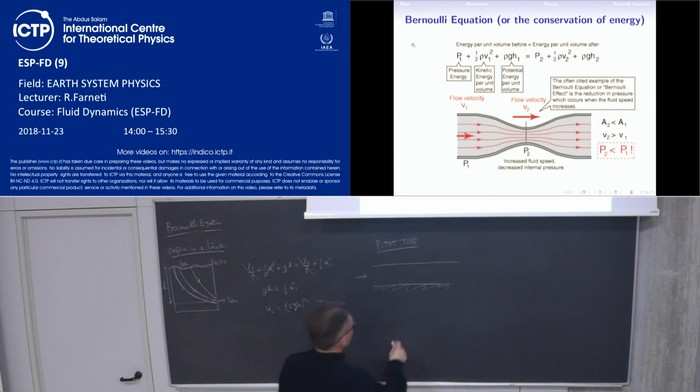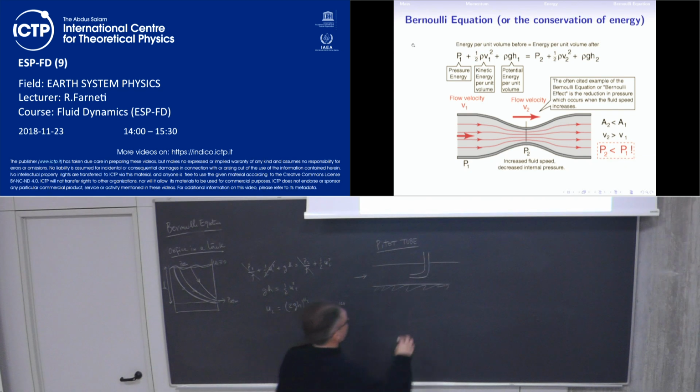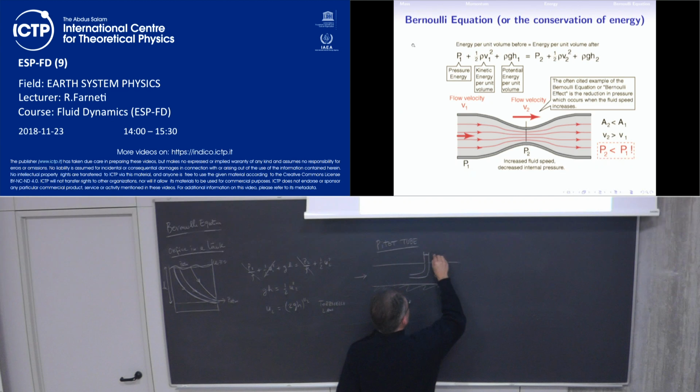What he did, he used a bent tube like this, which he inserted into the water. And the level of the water increased until a certain level. So we're going to have H1 and H2.